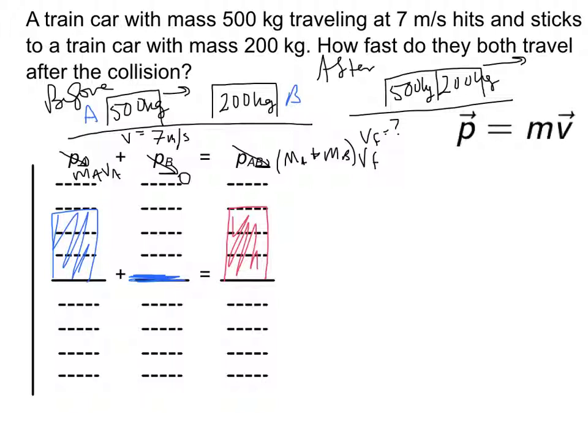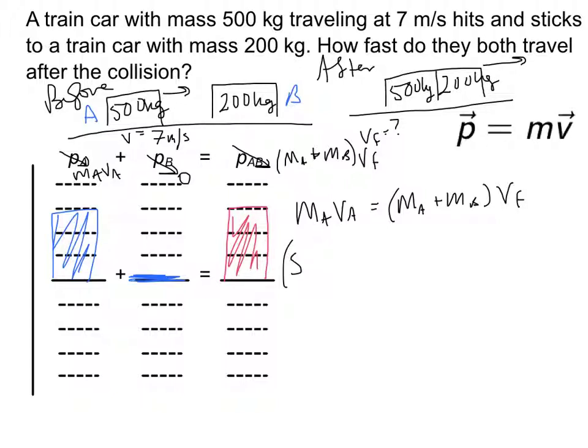So now we rewrite this so that we have mass of A times the velocity of A is equal to the combined mass of A and B, mass A plus mass B, times the final velocity. Now we substitute and evaluate.